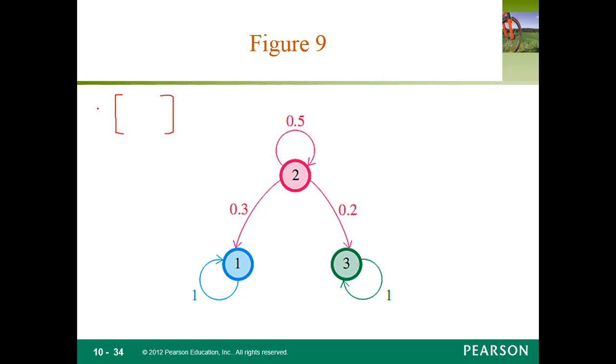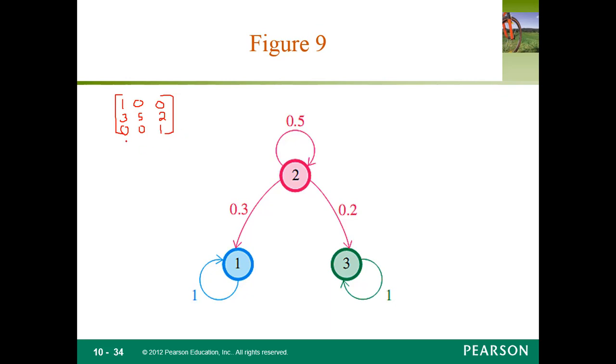Again, we've got 3 states, so the P matrix is going to be this. Okay, so this is the P matrix.